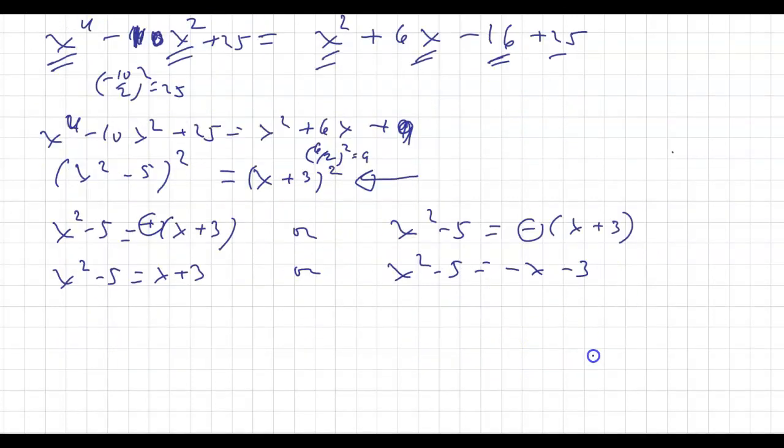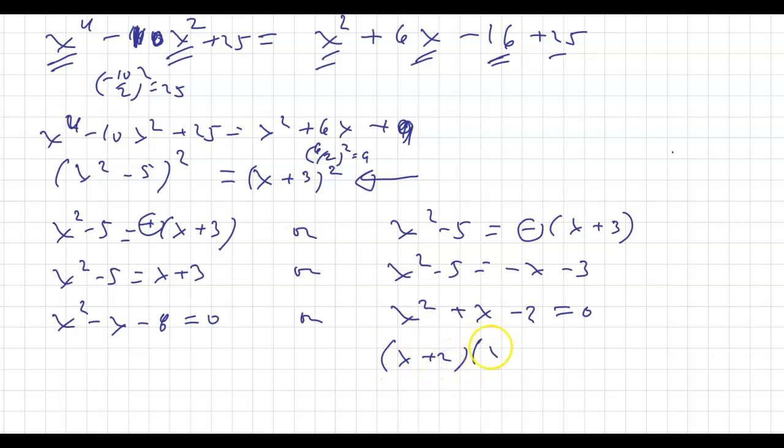Now those things are both quadratic equations, so I can bring everything over to one side. Now this right-hand side can factor to (x plus 2)(x minus 1) equals 0. And I get two answers, x equals minus 2 or x equals 1.